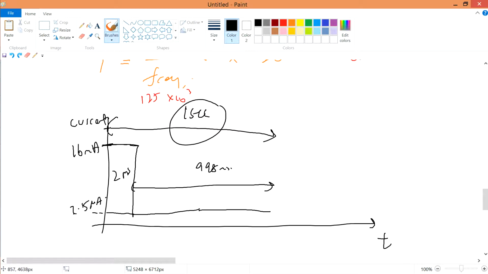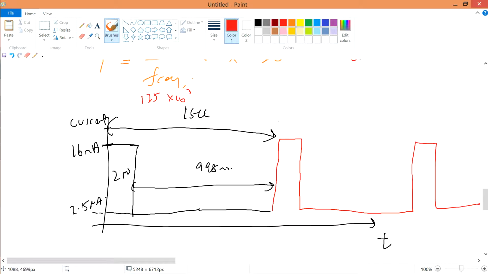So for each second, you will have this information. For the next second, you have another 2 milliseconds, and then you sleep for another 998 milliseconds, and so on and so forth. Each of these is 1 second, 1 second all along.